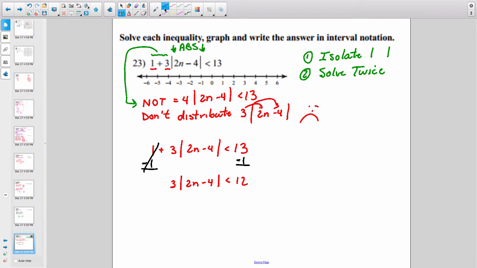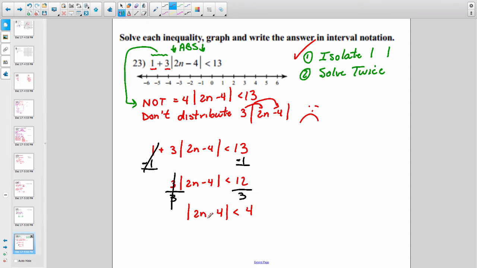Now, divide by 3, because that's a multiplier. That goes away. We're left with absolute value of 2n minus 4 less than 4. We're done with the first step. This is isolated, so that becomes the new equation.